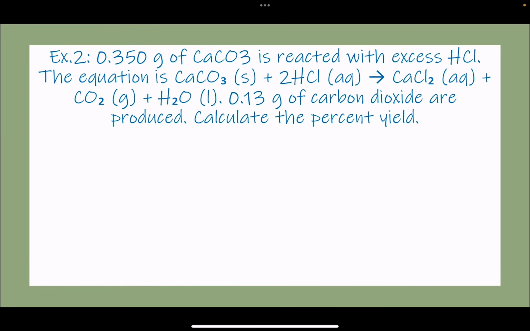Example 2 says, 0.35 grams of calcium carbonate is reacted with excess hydrochloric acid. The equation is provided as 1 mole of calcium carbonate reacts with 2 moles of acid to produce 1 mole each of calcium chloride, carbon dioxide, and water. We know that 0.13 grams of carbon dioxide are produced, and we wish to calculate the percent yield of this reaction.